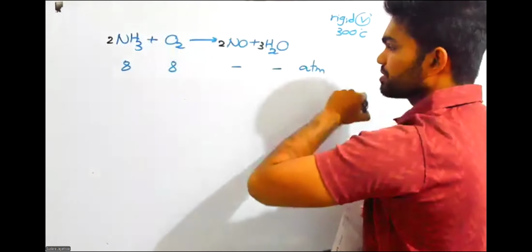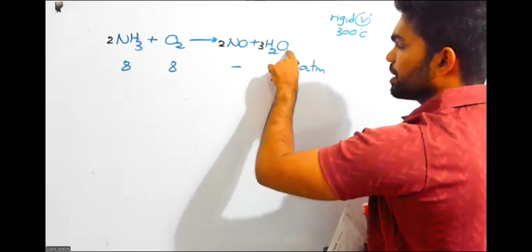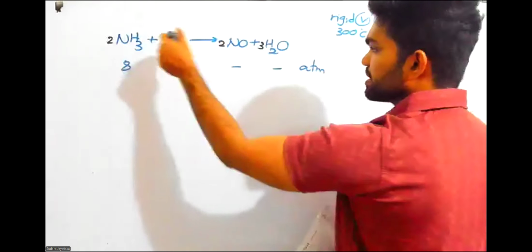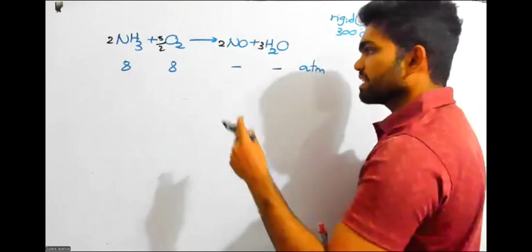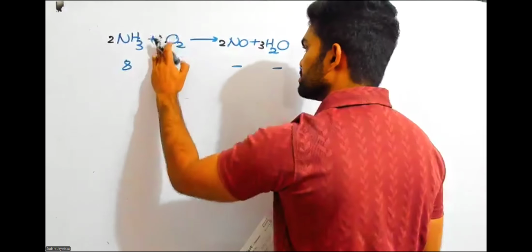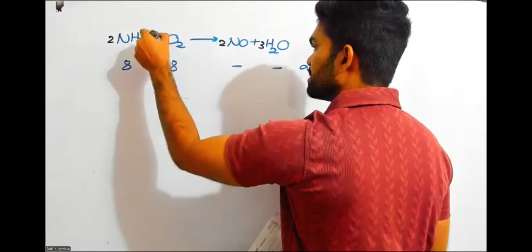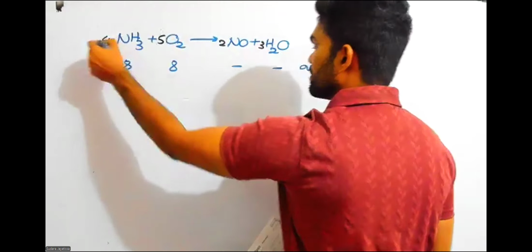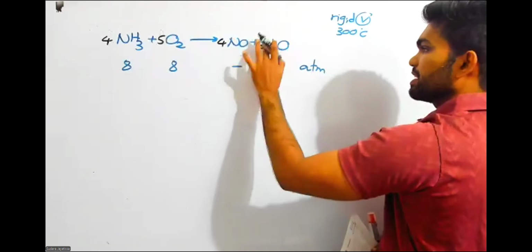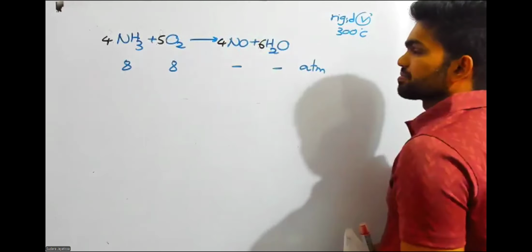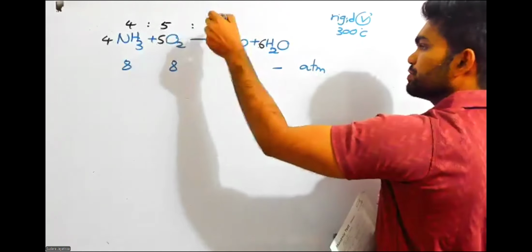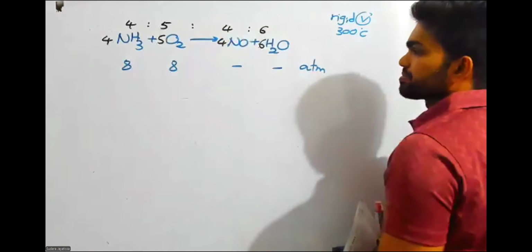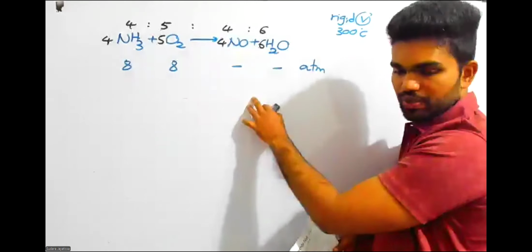Then you put 2 over here, and altogether you have 5 oxygen atoms, so here it should be 5 over 2. Now it is a fraction. With this fraction we can do the question, but let's remove the fraction by multiplying the whole thing by 2. This becomes 4, this becomes 4, and this becomes 6. So the stoichiometry ratios are 4:5:4:6.